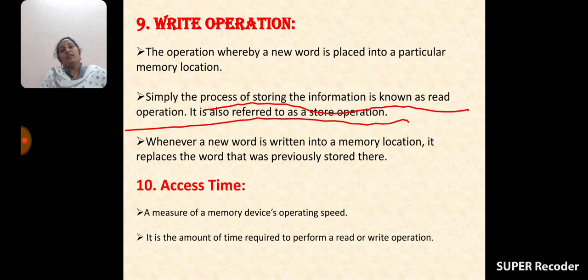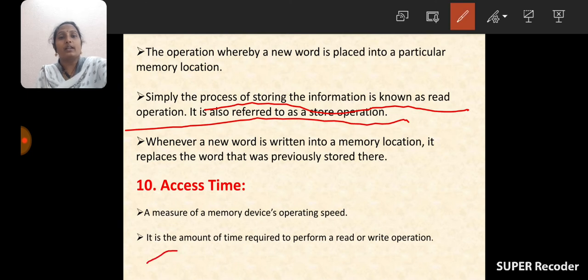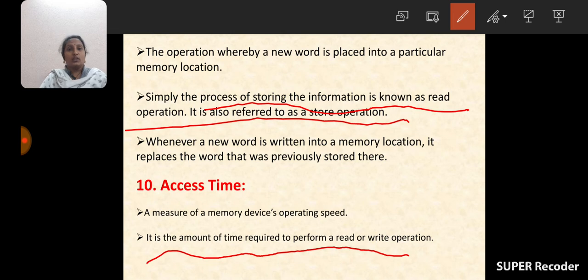For example, if one memory requires 5 seconds to enter some data, what is the access time of that memory? 5 seconds. So access time is defined as the time required by the memory to perform either the read operation or the write operation.